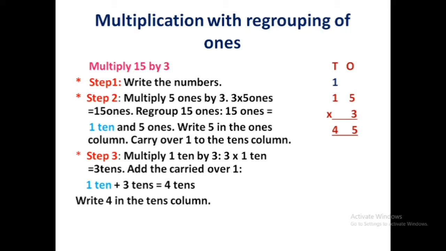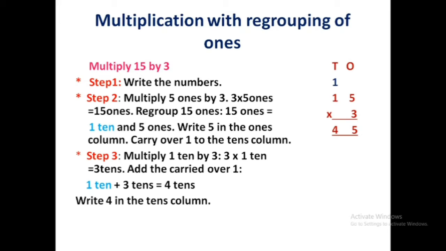Multiply 5 ones by 3. 3 into 5 ones is equal to 15 ones. Regroup 15 ones. Now 15 ones is equal to 1 ten and 5 ones. Write 5 in the ones column. Carry over 1 to the tens column.